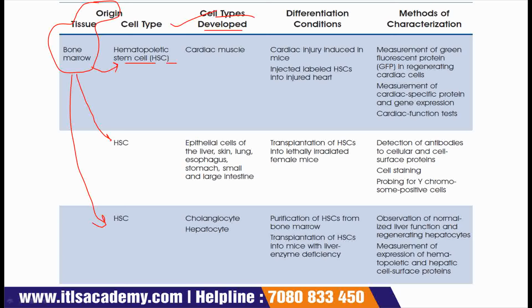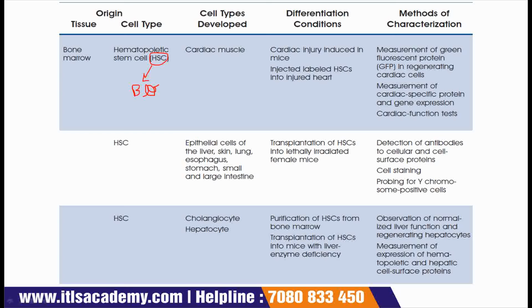I hope you all know what a hematopoietic stem cell is. Let me recall for you, hematopoietic stem cells are cells that are responsible for the formation of blood. What does it mean that they will form blood? It means that they will form RBC, WBC and platelets.